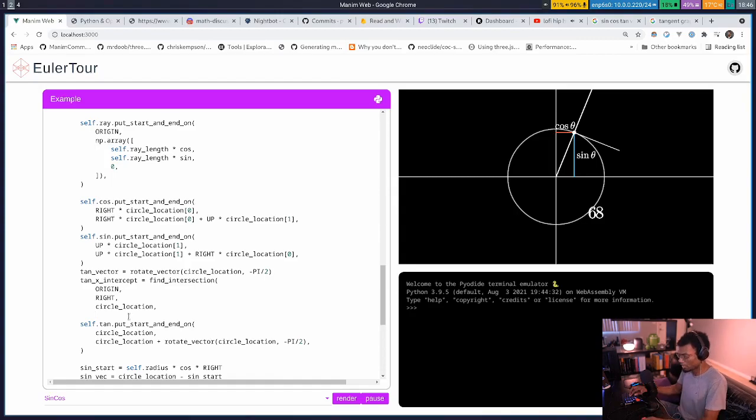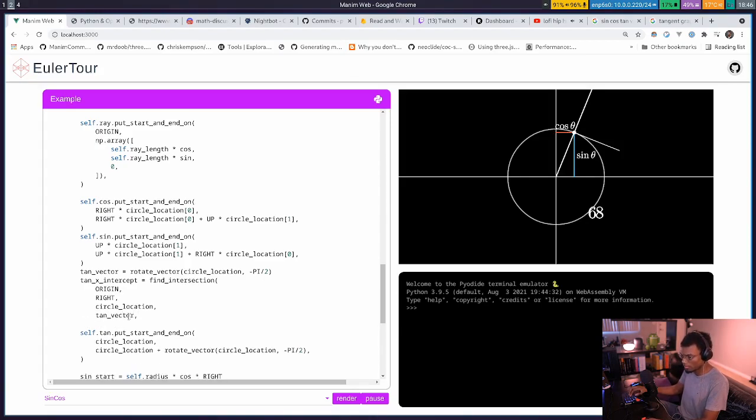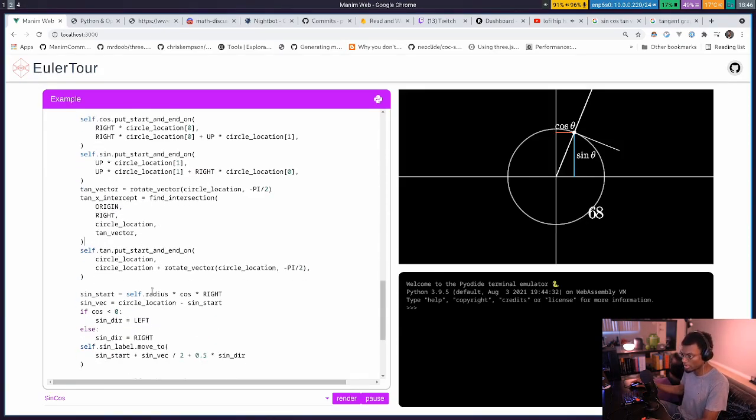Okay, then I should be able to just put tan vector here. I don't have a ton of faith that that'll do what I want. I should be able to put tan vector here.